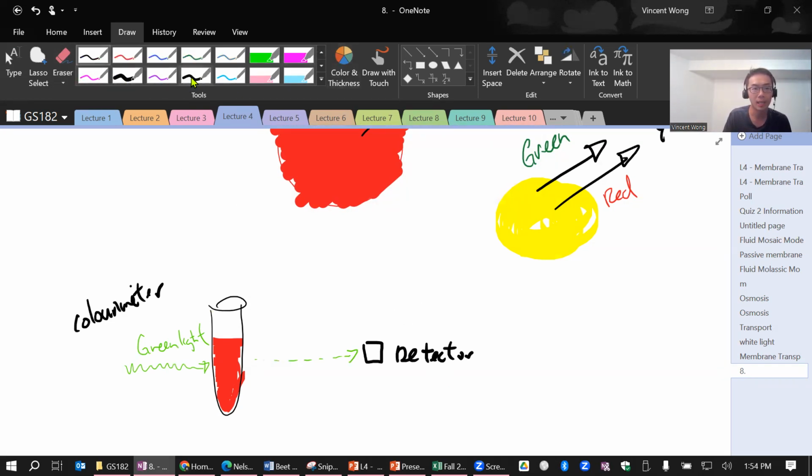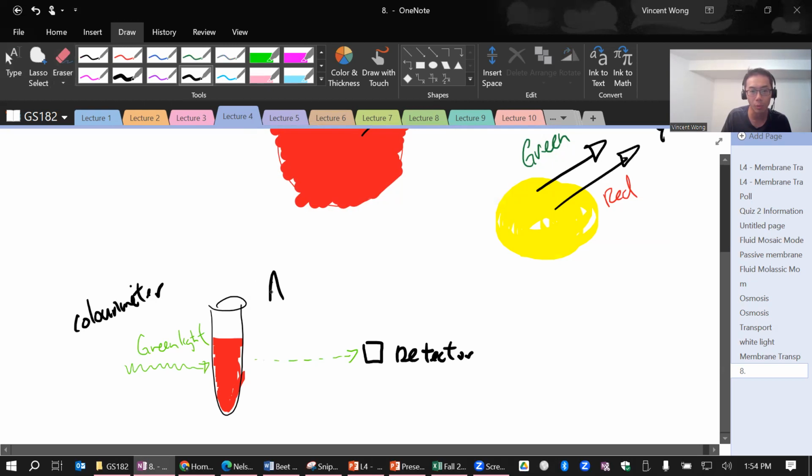We call that absorbance. Absorbance is how much light is being absorbed. For example, if it's really red, then it might have 80% absorbance. 80% of the light sent through the solution has been absorbed, and only a little bit went through.